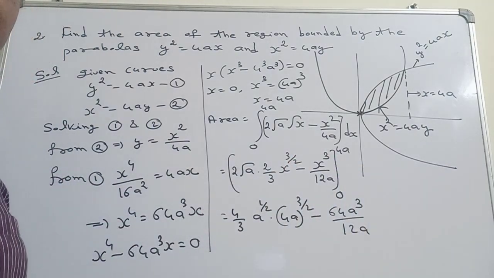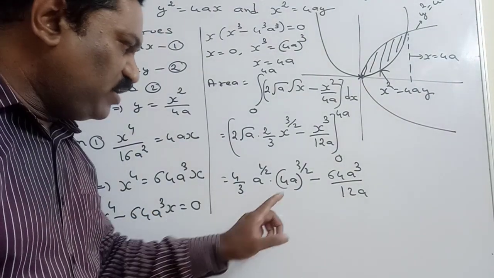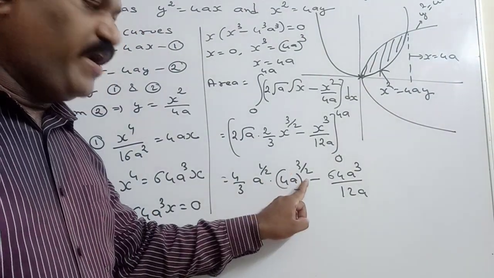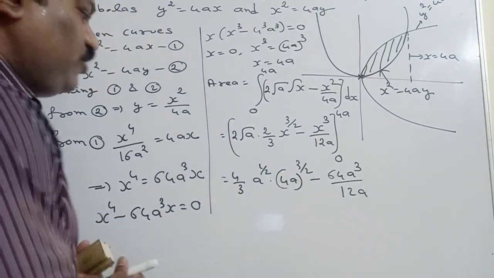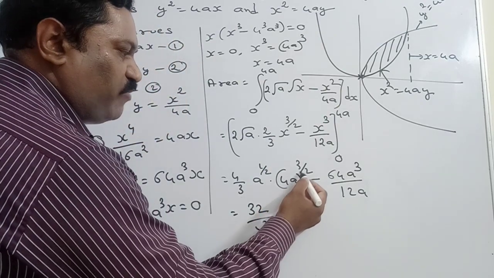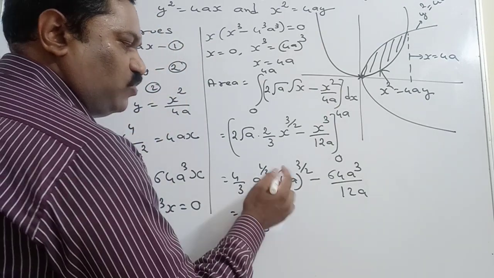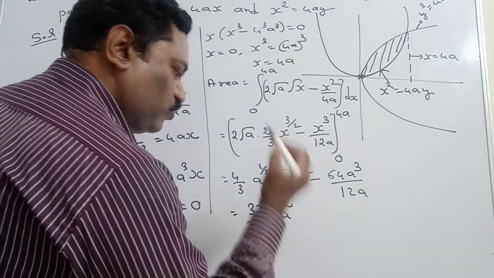Now we have to simplify this carefully. First, here the constant is 4 power 3 by 2. The value of 4 power 3 by 2 is 8, and 8 fours are 32 by 3. Then a power 3 by 2 into a power 1 by 2. If you add the powers 3 by 2 plus 1 by 2, that is a power 2.